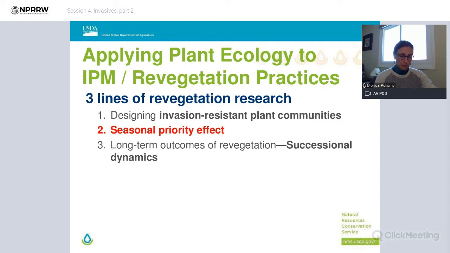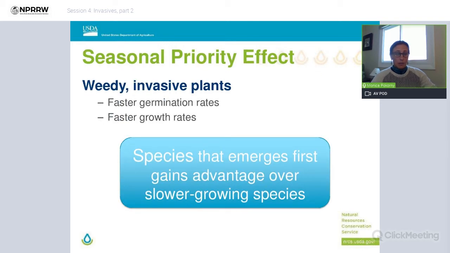Okay, we're going to transition now and talk about the second line of revegetation research when incorporated into invasive plant management, and that is the seasonal priority effect. The seasonal priority effect really addresses how different life histories contribute to difficulties in establishing plants at a site. For example, you might have a weedy invasive plant that has a really fast germination rate and a fast growth rate.